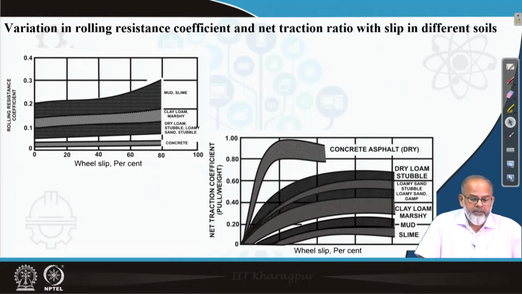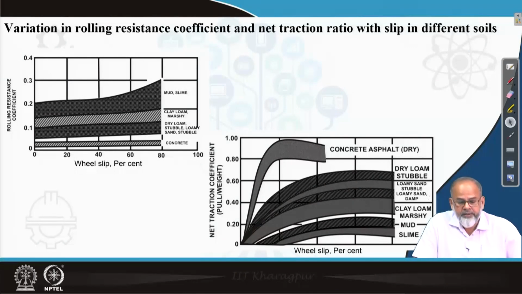In the left corner figure, the CRR has been plotted against wheel slip for different soils, starting from concrete surface, the hardest surface, then dry loam, then clay loam or the marshland, then the mud. These are the four soil conditions which indirectly represent the strength of soil.